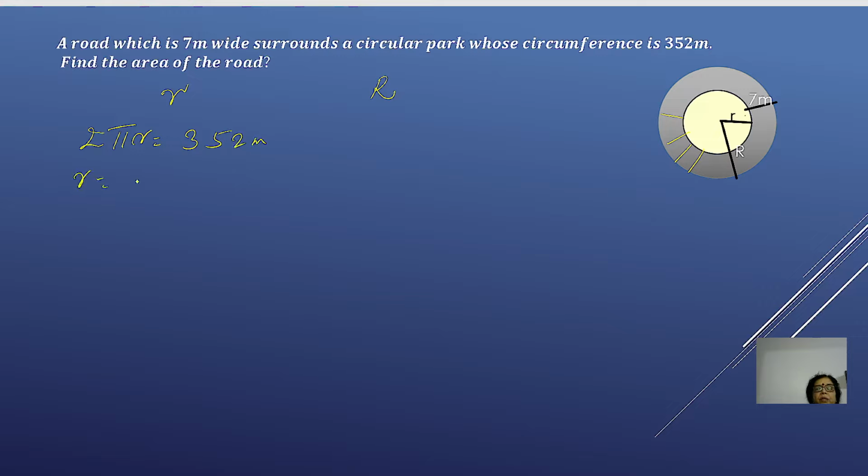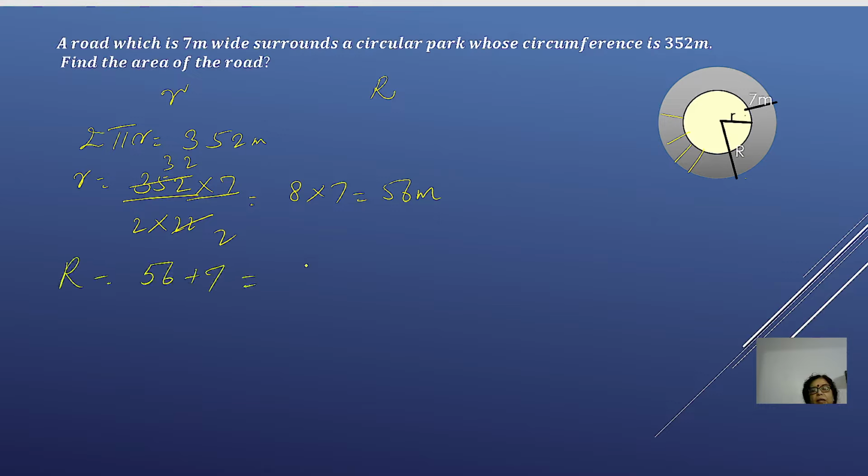So r from here will be equal to 352 by 2 into 22 by 7. So this becomes 8 into 7, that is equal to 56 meter. So radius of the inner circle is 56 meter. So obviously the radius of the outer circle R will be equal to 56 plus 7, that is 63 meter.